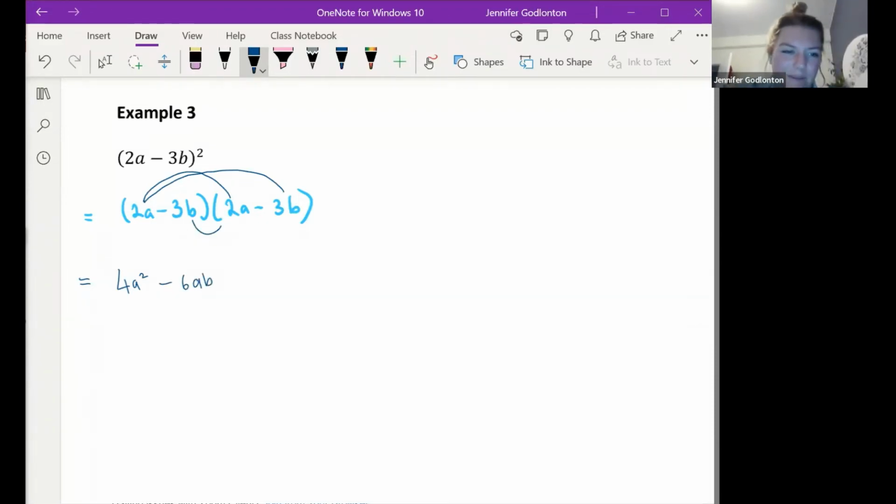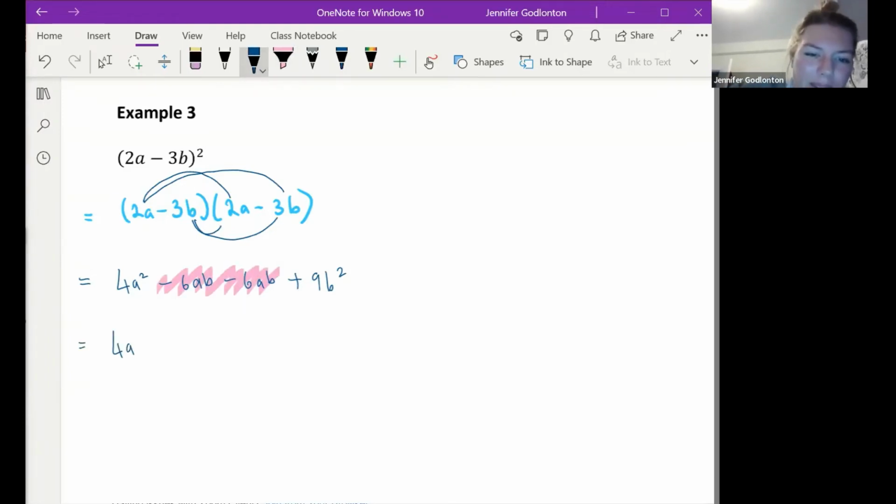Then negative 3b times 2a also gives you negative 6ab. And then negative 3b times negative 3b will give you positive 9b squared. Beautiful. And then it's 4a squared minus 12ab plus 9b squared. Beautiful. Well done.